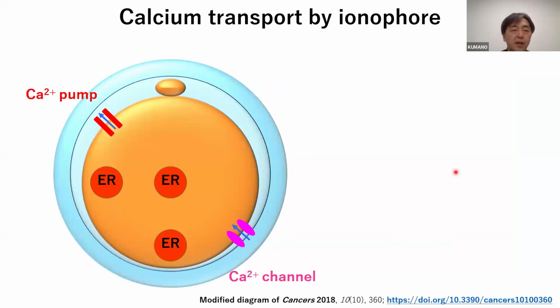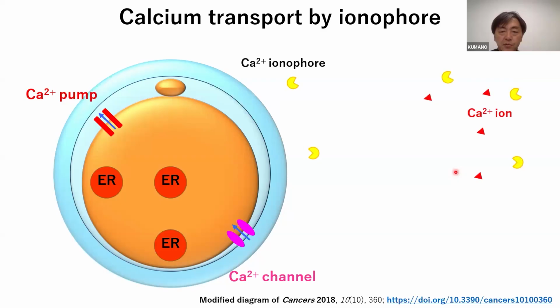This slide shows the mechanism of calcium ionophore to activate the oocyte. When oocytes are treated with calcium ionophore containing solution, calcium ionophore can penetrate the plasma membrane very freely.